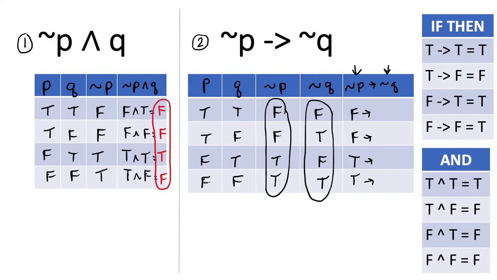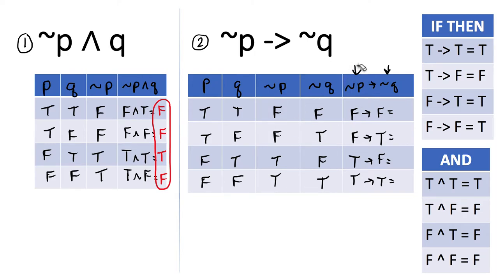So F, T, F, T. Then we'll use our if-then chart to determine the truth value for each of these four statements. So F arrow F is true.